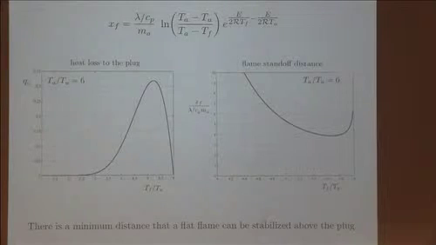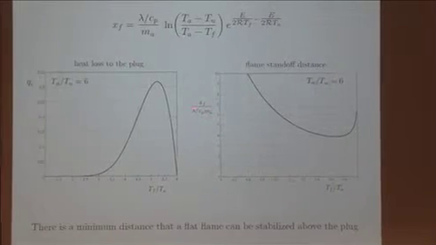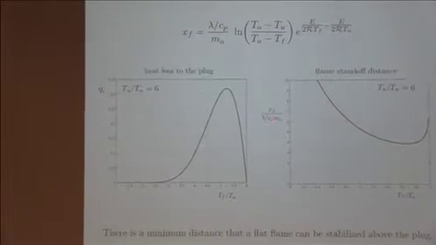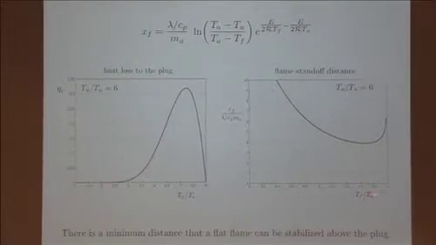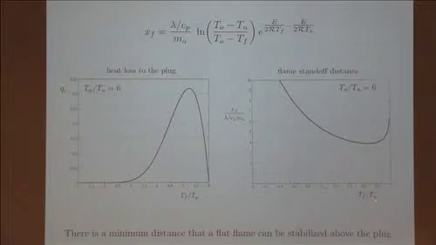Here are the results of that expression, showing the dependence on the position of the reaction sheet, scaled with the diffusion length, as a function of the flame temperature divided by Ta. This is a representative curve for Ta over Tu of about 6.